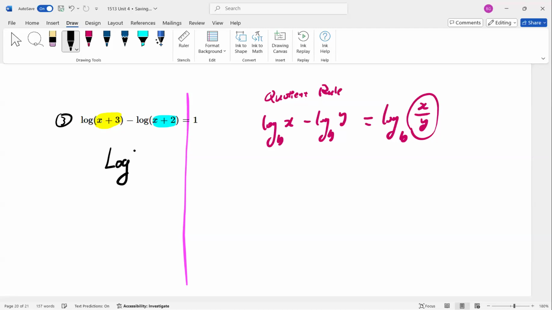Allow me to use log, capital L. To condense, the single log is going to have an argument in the structure of a quotient. So the numerator of the quotient is going to be the yellow, the argument of the first log. The denominator of the quotient is going to be the blue, the argument of the second log, x plus 2.